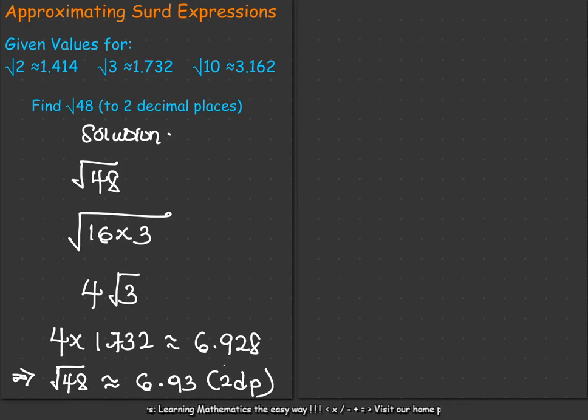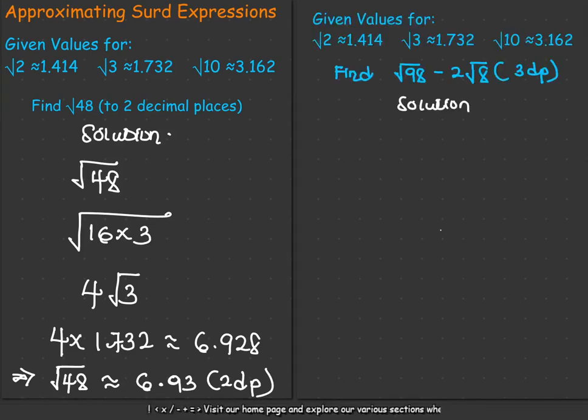So in actual sense, approximating surds is very, very simple and easy, right? Let's take a few more examples to enhance our understanding. So this is what we have here, and it says we have to find the square root of 98 minus 2 root 8. How do we go about it? And we have to leave our answer in 3 decimal places. As I said, anytime you want to find the approximated values, you simplify.